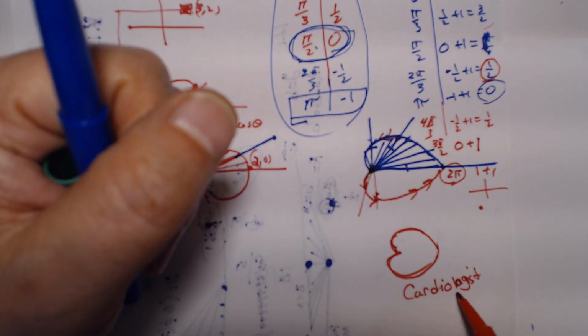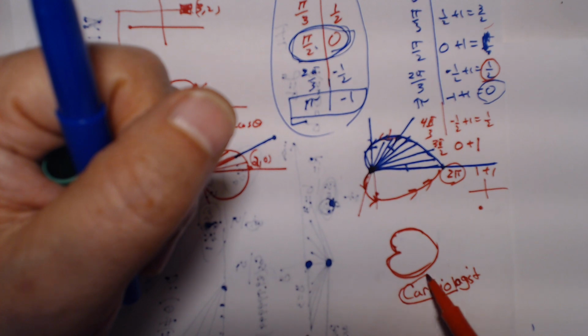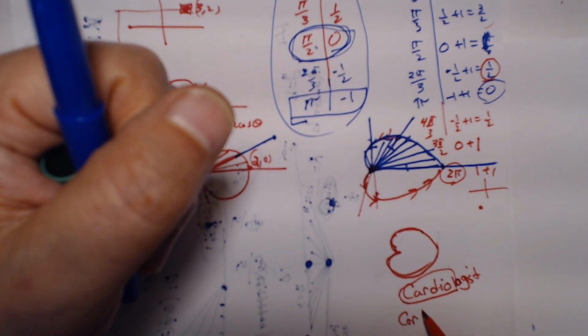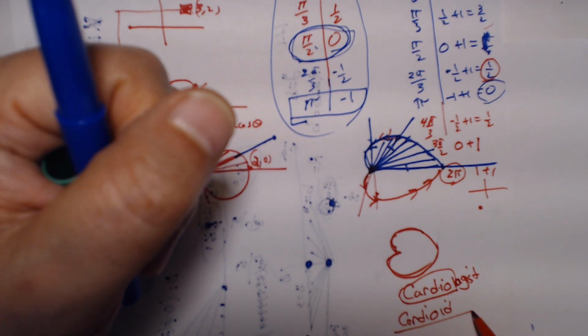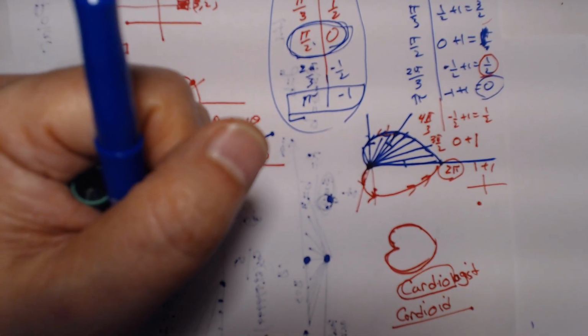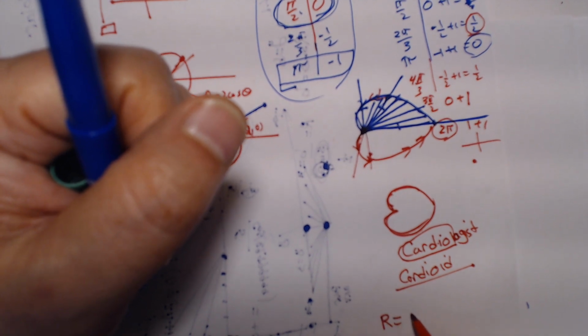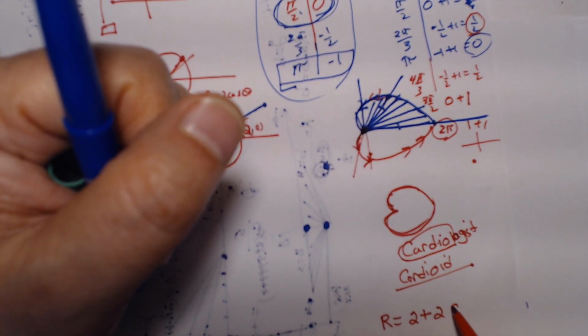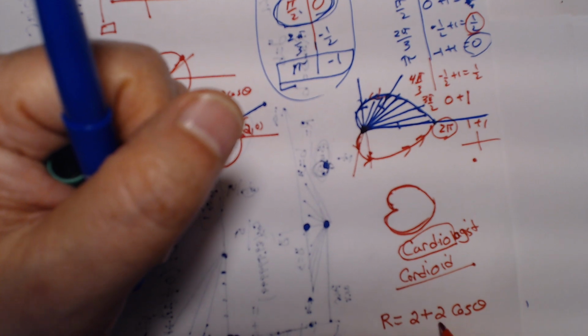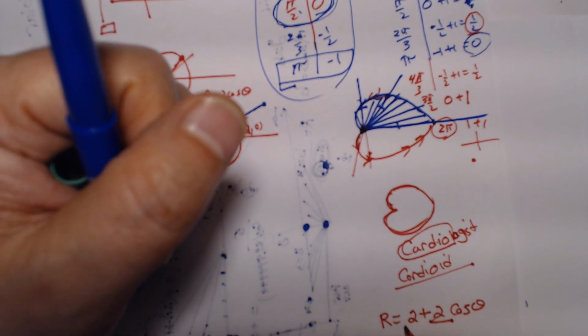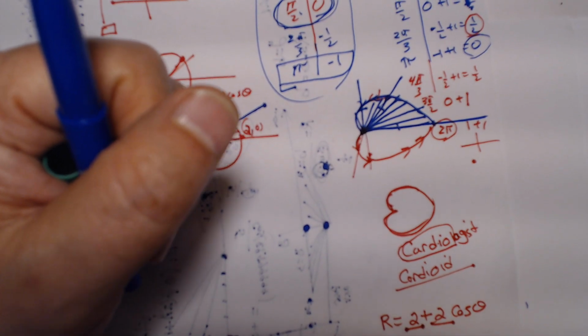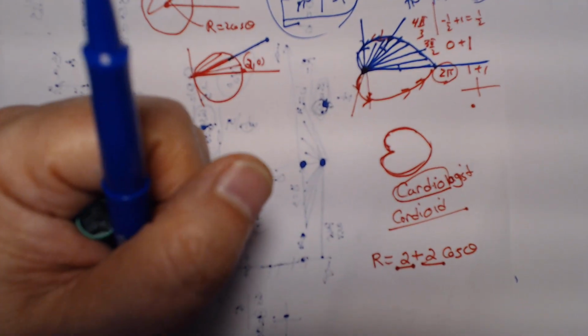Therefore, from today, if you see a picture of a heart, you better call it a cardioid, meaning heart shape. That's the cardioid. Therefore, if you take a circle and add the same, whatever the diameter is, you add the same amount to the r, you get a cardioid.